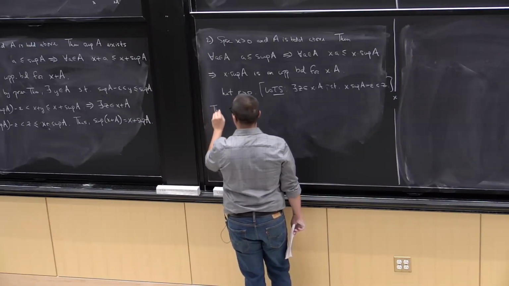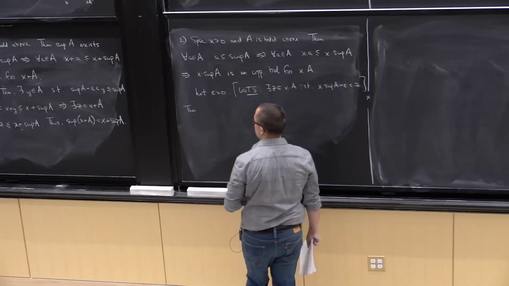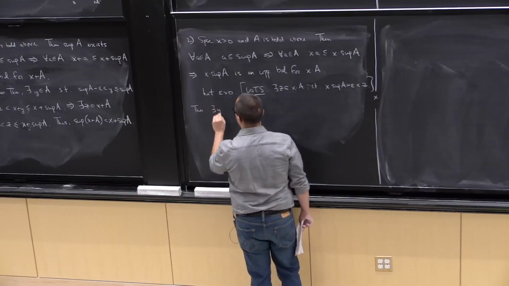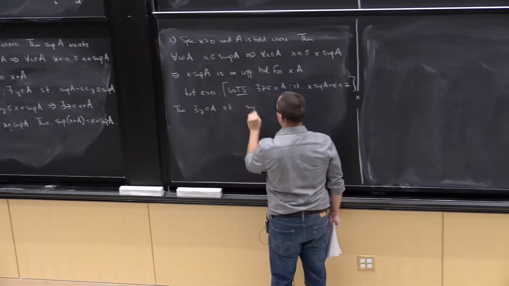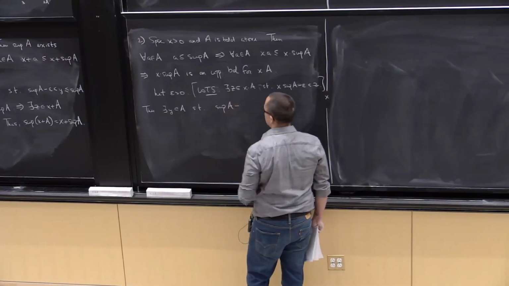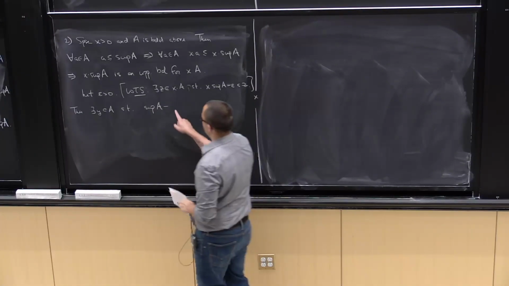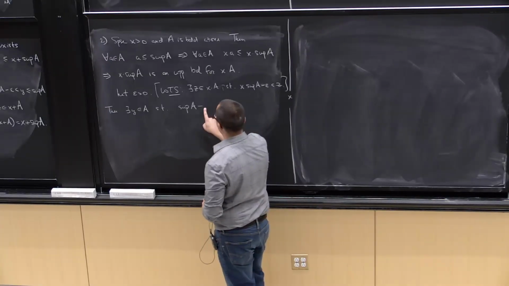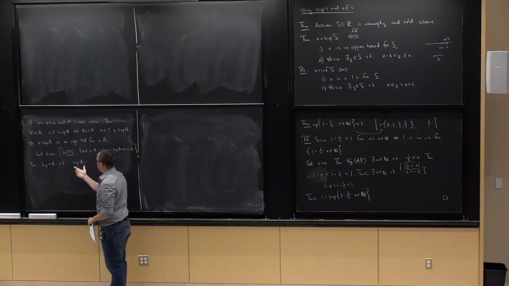So let epsilon be positive. Then, just as we did in the plus case, there exists an element y in A such that sup A minus, now here we're going to choose y not exactly for epsilon. Remember, the statement for number 2 holds for sup A for every epsilon.